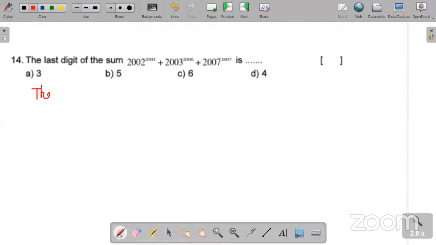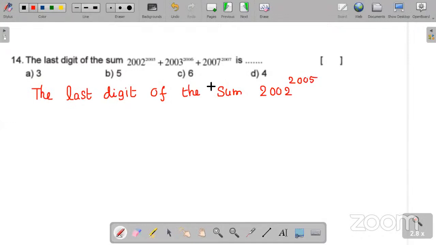The last digit of the sum of 2002 to the power 2005, 2003 to the power 2006 plus 2007 to the power 2007.